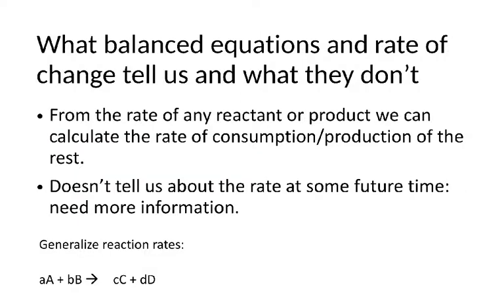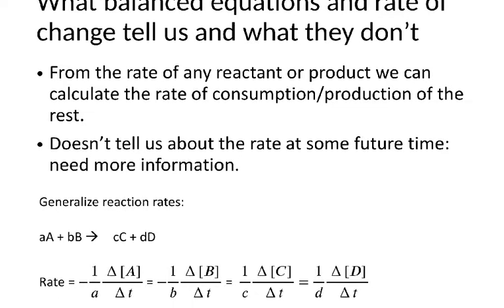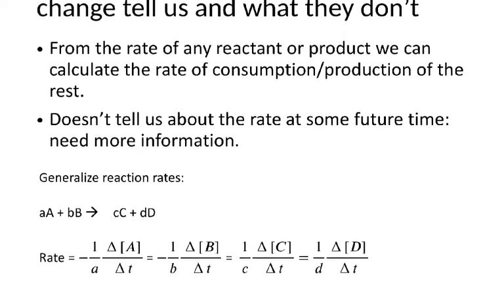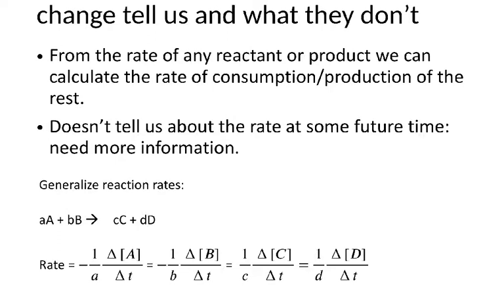So balanced reactions and the rate of change can tell us several things about a rate, but not everything. So from the rate of any reactant or product, we can calculate the rate of consumption or production of the rest.